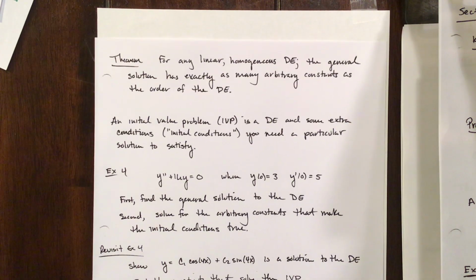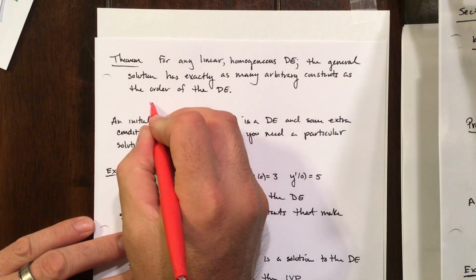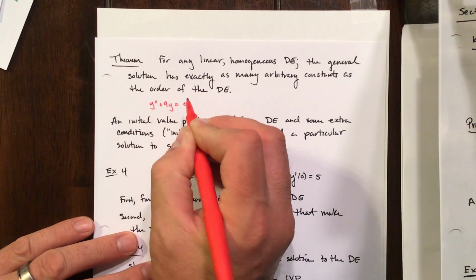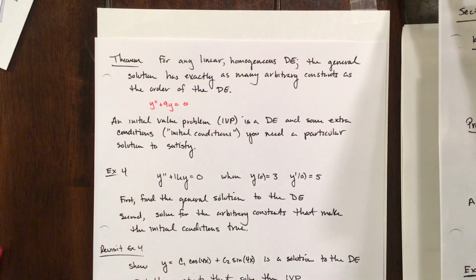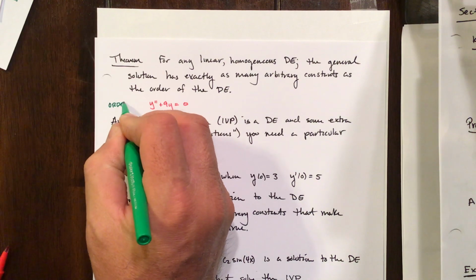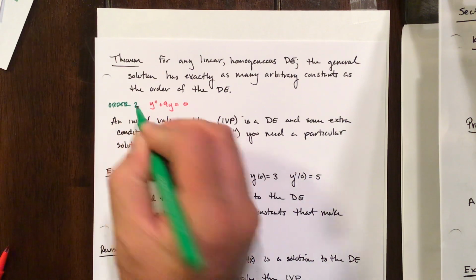All right, so for the last one. For any linear homogeneous differential equation, the general solution has exactly as many arbitrary constants as the order of the differential equation. So keep that in mind. We just looked at the differential equation y double prime plus 9y equals 0. And the order of this differential equation is 2.